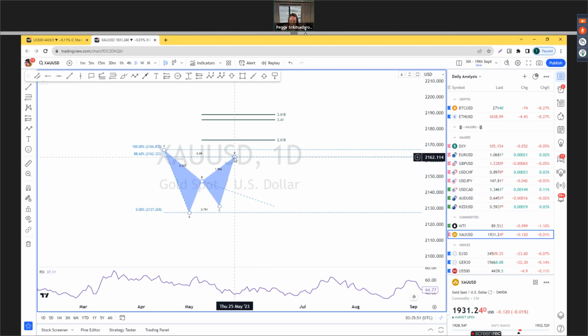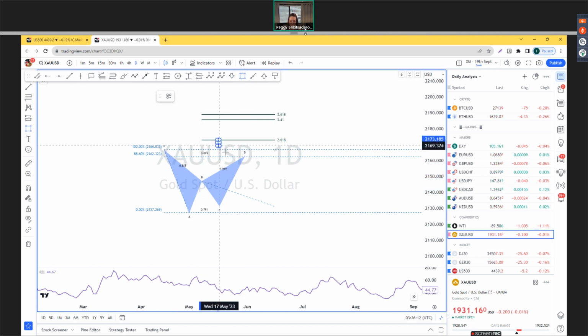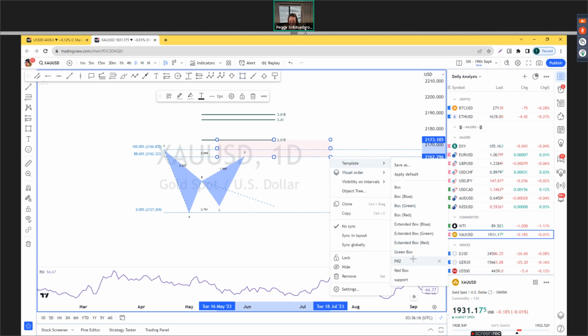So meaning that the D point is here, right? The BC extension means it can go up to here. I think I might just put it here, or up to here. Is it correct, my BC extension? Yeah. So here, and then your PRZ zone could be somewhere here.